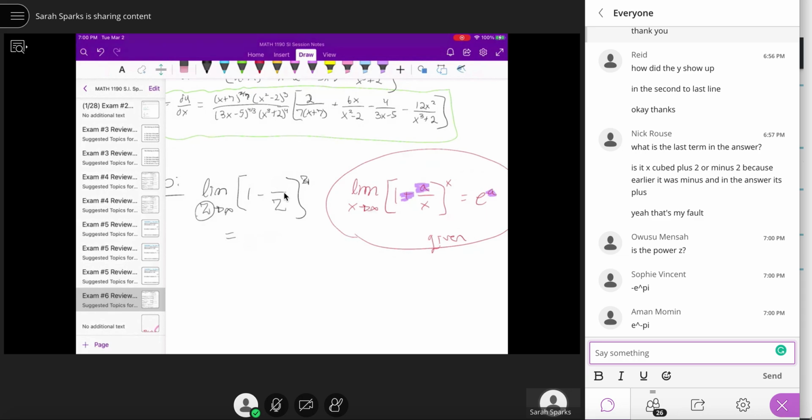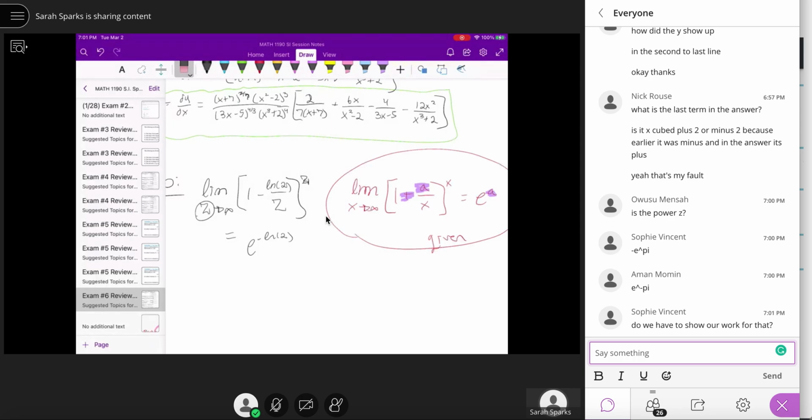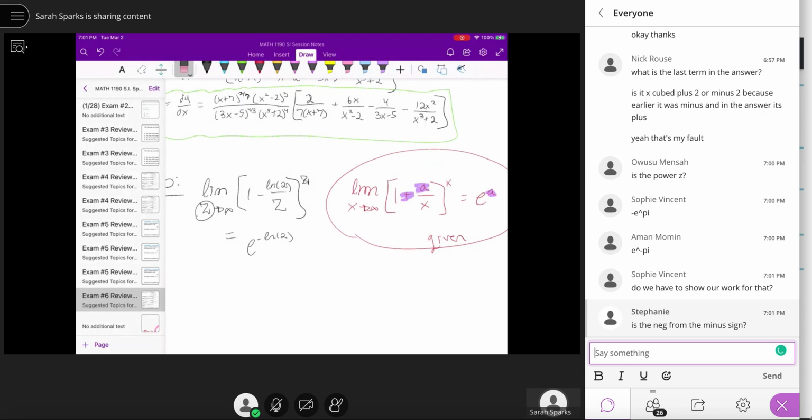Like he could have a negative, like natural log of 2, and it would be e to the negative natural log of 2. I think that he just wants you to, there's not a whole lot of work for you to show for this one, to be honest. It's a negative from the minus sign. So if this is negative right here, the exponent will be negative.